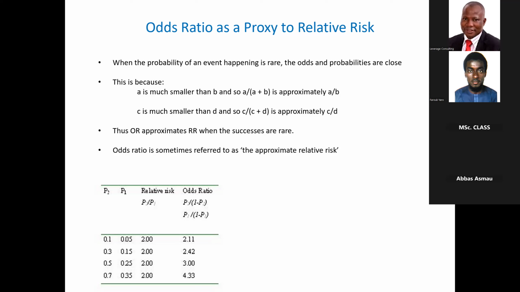And you see now, mathematically we have proven that if the disease is rare, the odds ratio and relative risk approximate. So when the disease is rare, if you do a cohort study and calculate relative risk, and you do a case control study and calculate odds ratio, what you get will be almost the same.